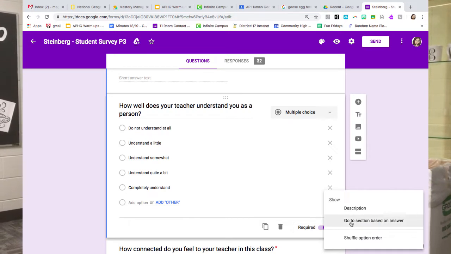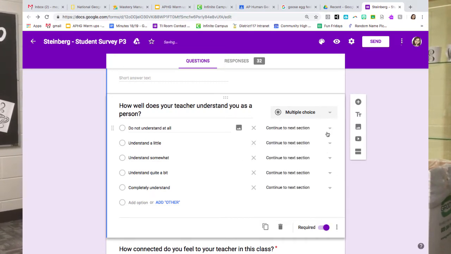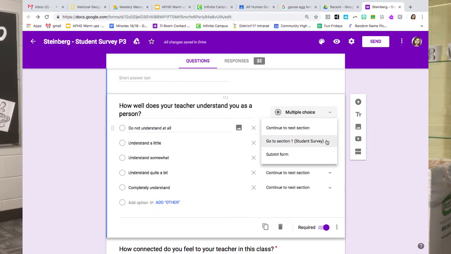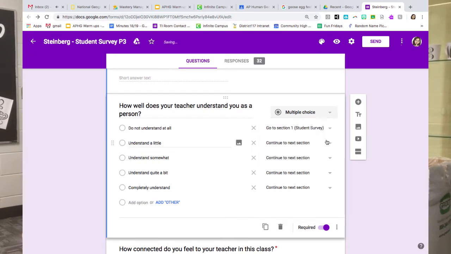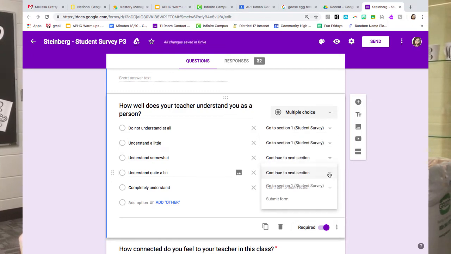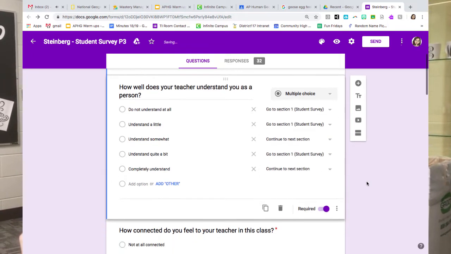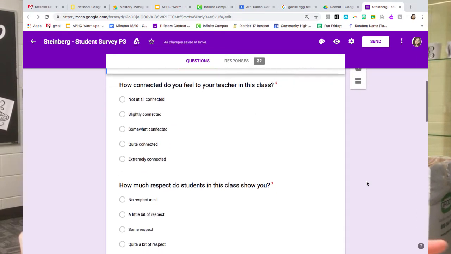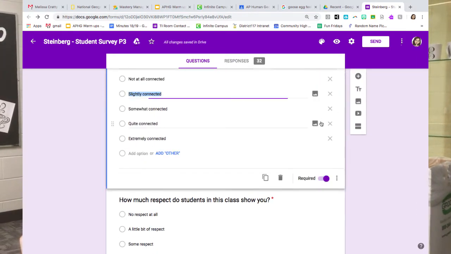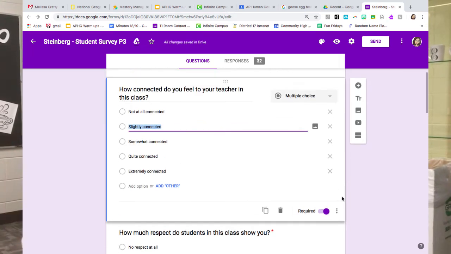So all you have to do, and this is something that Whitney Walsh showed me actually, is based on the students' answers, instead of saying automatically continue to next section, you can have each answer direct you to a different section. So you just have to go through and make sure that if a student chooses totalitarian government, it's going to take them to section 5, which is workers striking.